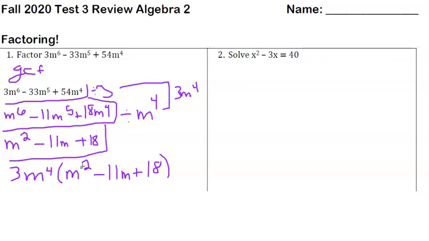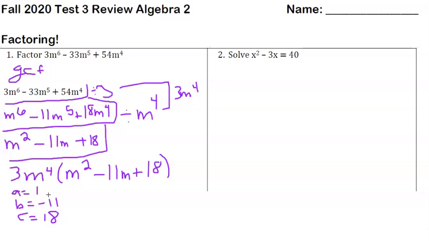From here, we'll try to factor this trinomial further. Identify a, b, and c. Your coefficient of m squared is 1 because there's no visible number there, but there's a variable. For b, your coefficient is negative 11, and for c, our constant, we have 18.